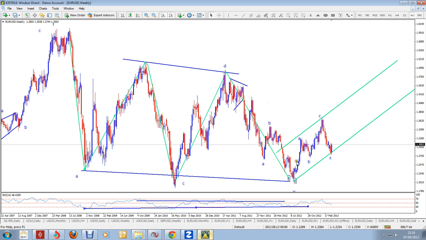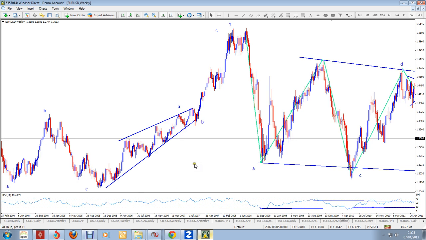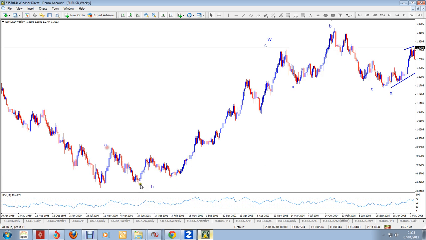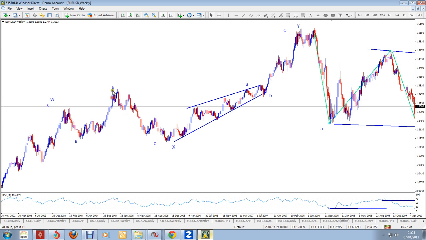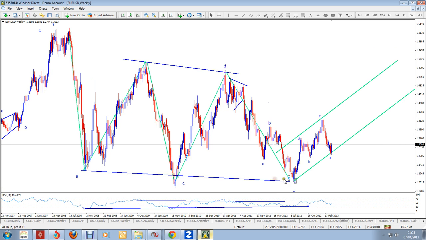Okay, so now we should get another ABC movement to the upside, because remember over here we had ABC to W, A, then we've got here ABC, so we should get ABC to give us the larger wave A, wave X, and we'll see another ABC to the upside.